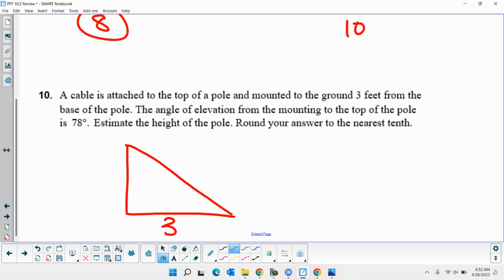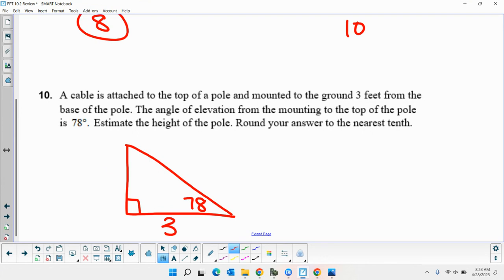Pole should be at 90 degrees. The angle of elevation from the mounting to the top of the pole is 78. Angle of elevation is going up, right? Not going down. So the 78 should be down there with the ground and the cable.